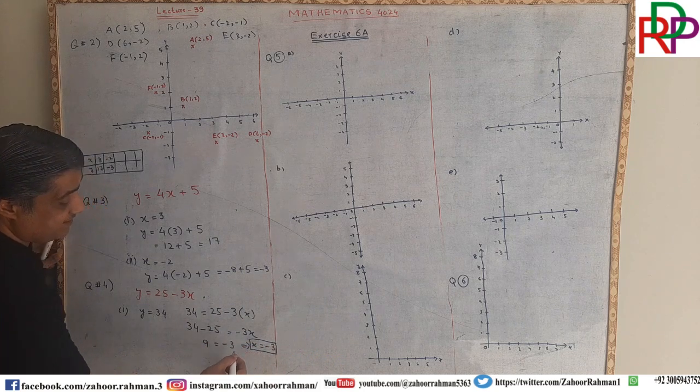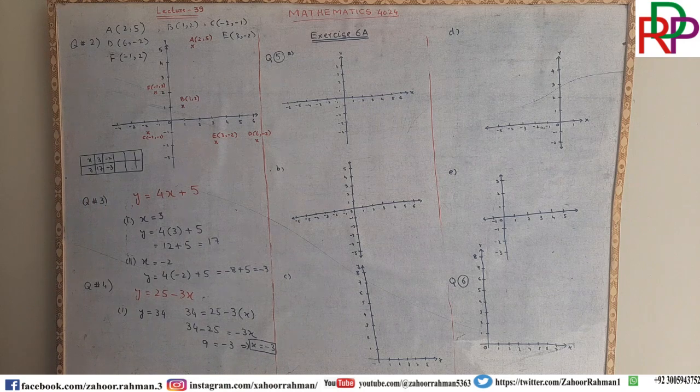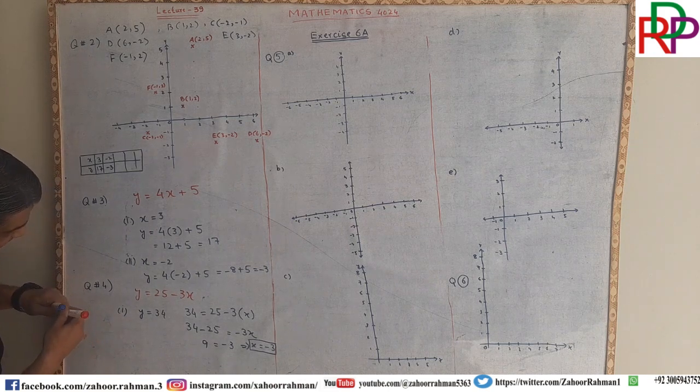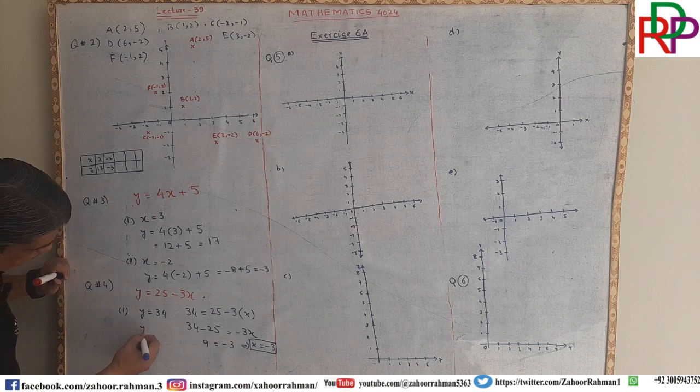I'm not going in the detail of it. It should be easy for you people right now. So x will be minus 3 when y is equal to 34. Ladies and gentlemen, in the second part they given us y is equal to minus 5.